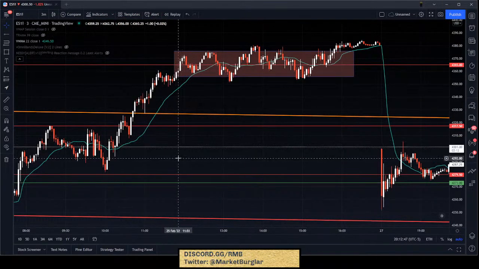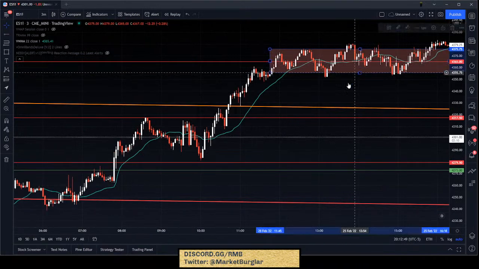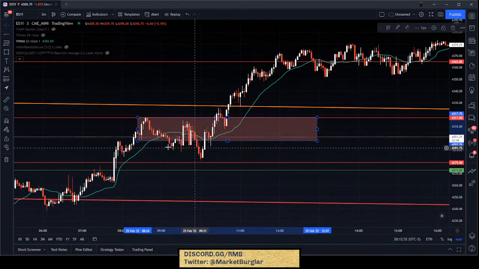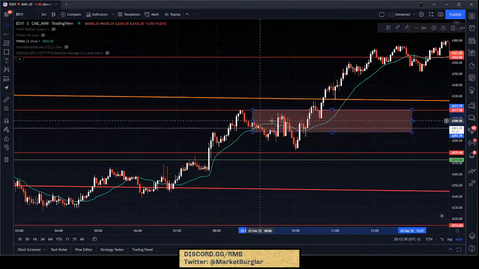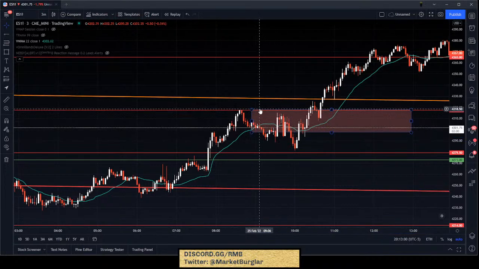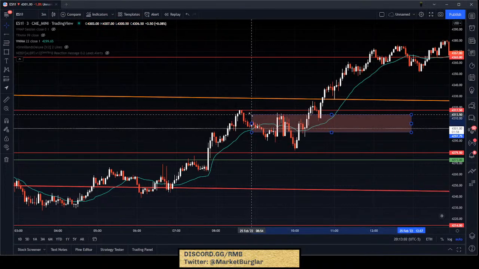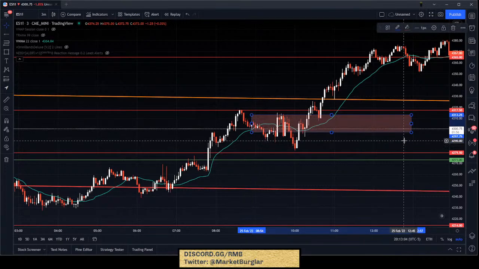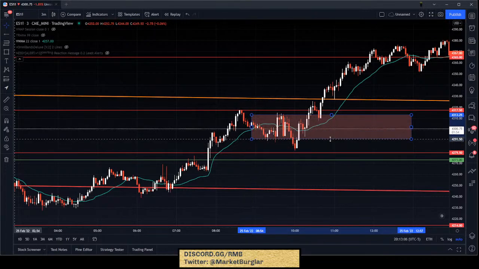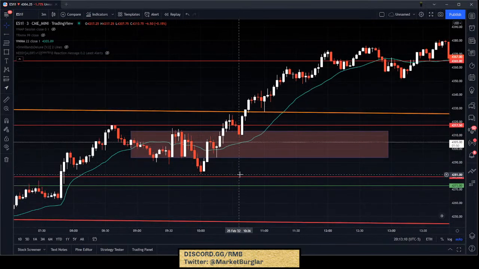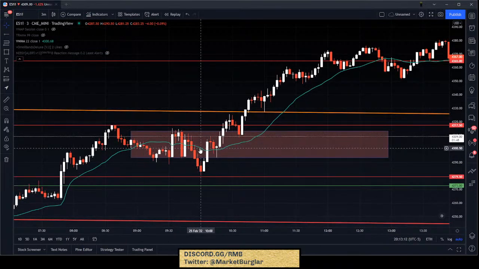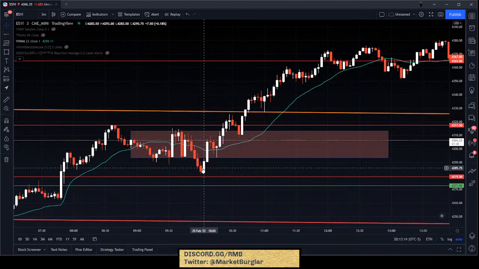Here, this is a better spot. We started flattening out right around here. Make my little zone. Right about that, right? Looks like it's favoring the upside.